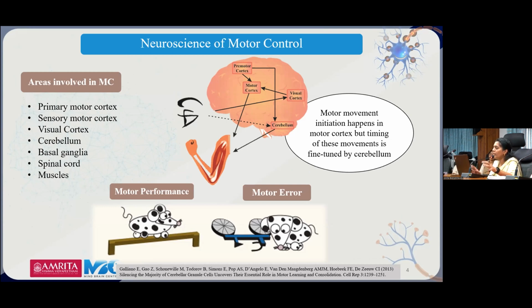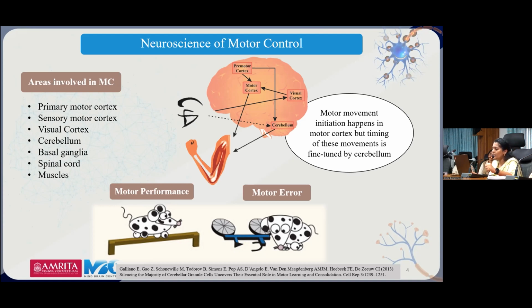There he referred that the cortical loops take around 300 milliseconds more when compared to the cerebellar circuits. The cerebellar circuits are known for fine tuning, and the cortical circuits are for the initiation or the motor planning kind of behavior.